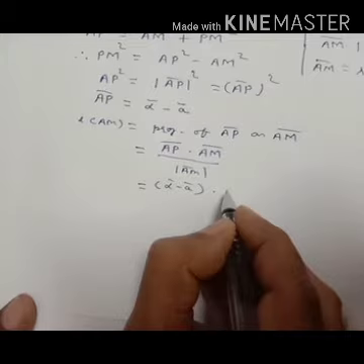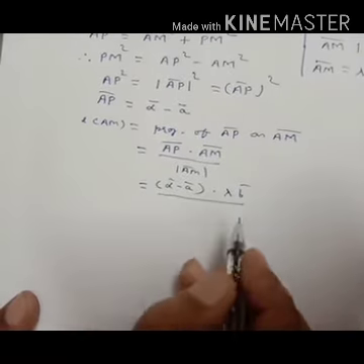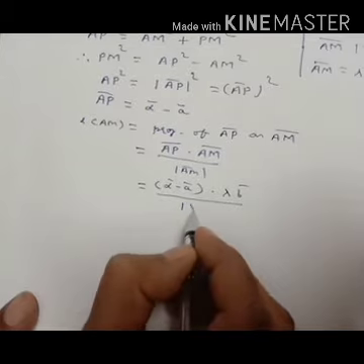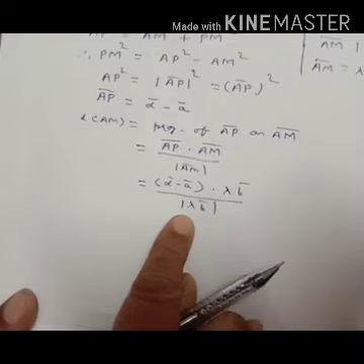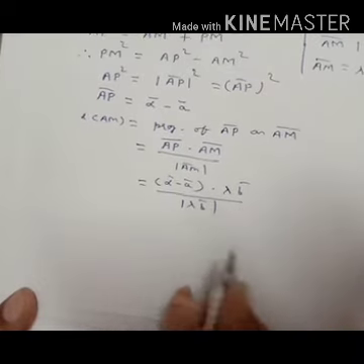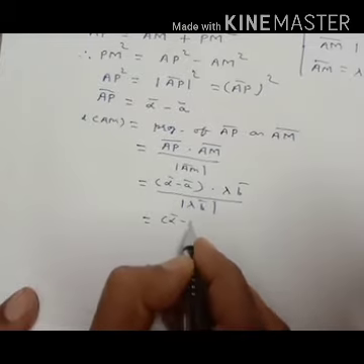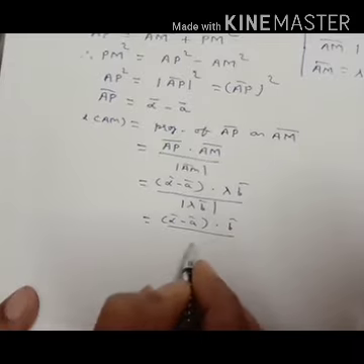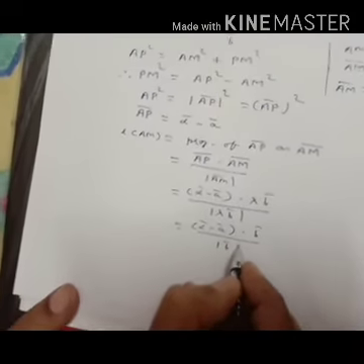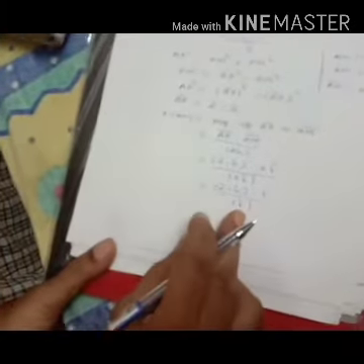AM bar is lambda B bar divided by the magnitude of lambda B bar. Now lambda gets cancelled, it is a scalar quantity, so alpha bar minus A bar dot B bar divided by the magnitude of B bar. So this is the value of length AM.